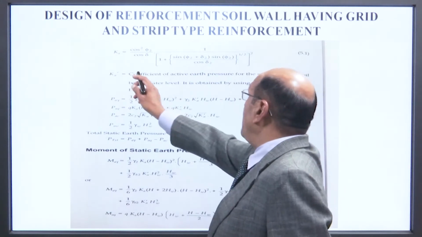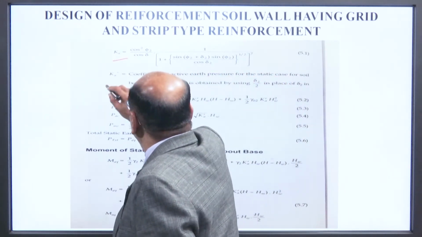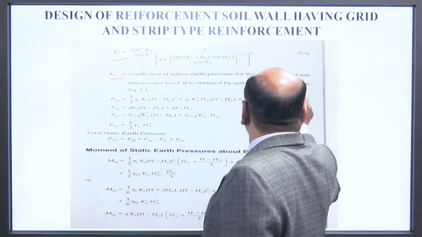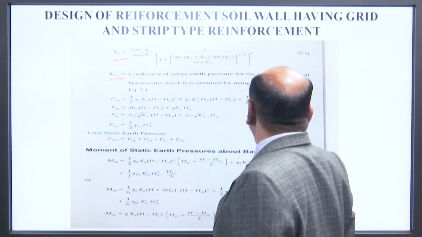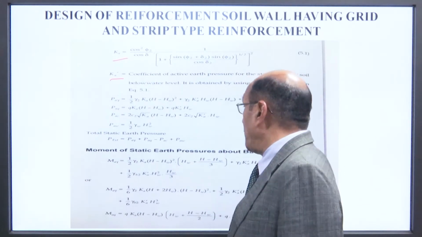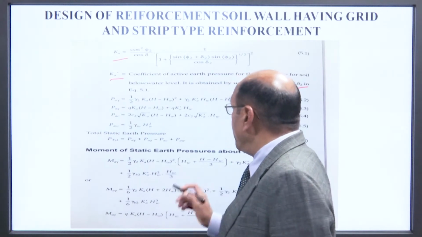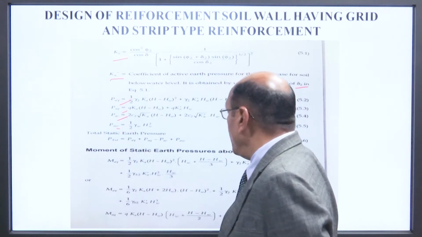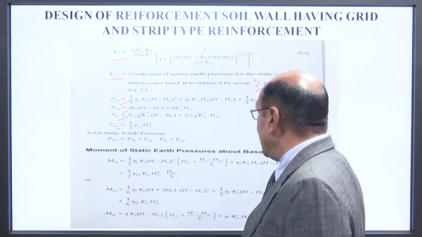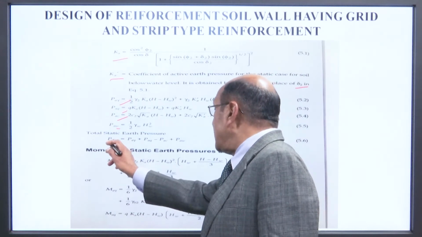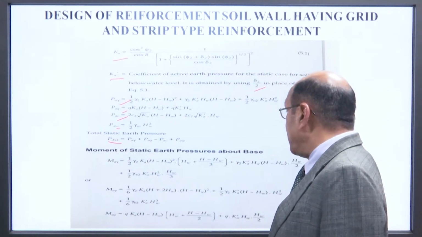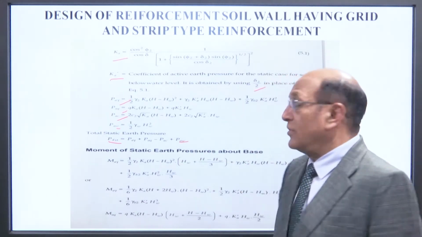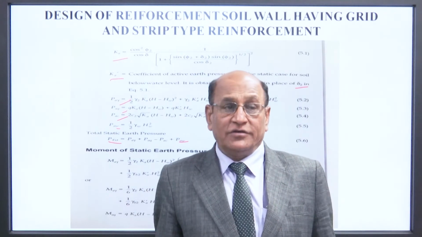First of all, we have to compute Ka, then Ka dash, using delta 2 by 2 in place of delta. So it is important. Now we can calculate the values of PAY, PAQ, PAC, PAW. So the total static earth pressure, that is PTST, will be equal to PAY plus PAQ minus PAC plus PAW. So these are the forces.